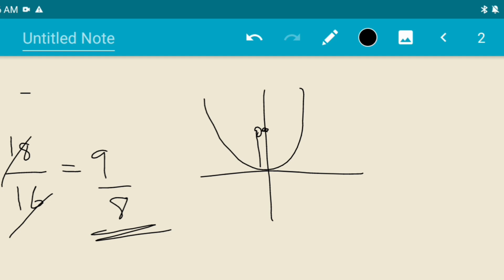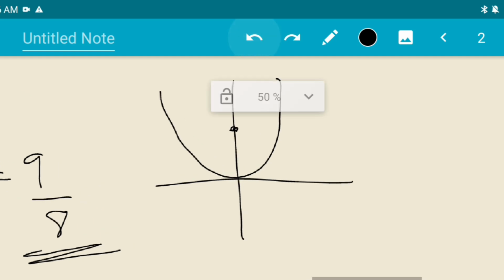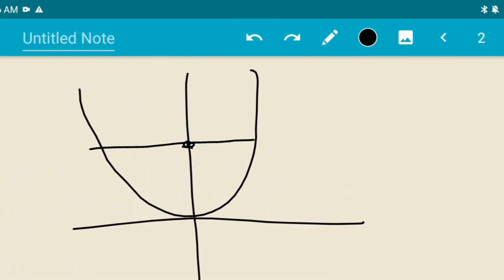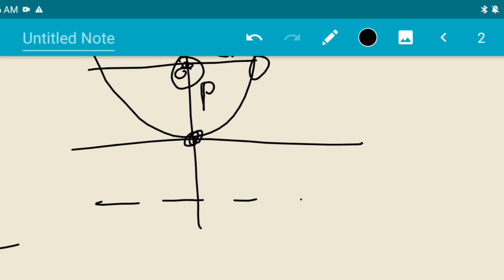Now, what if you're told to find the latus rectum, the distance of this latus rectum? Remember, from here to here, this is p. Then from here to here, it is 2p. Then as for the directrix, it is located negative p downwards.